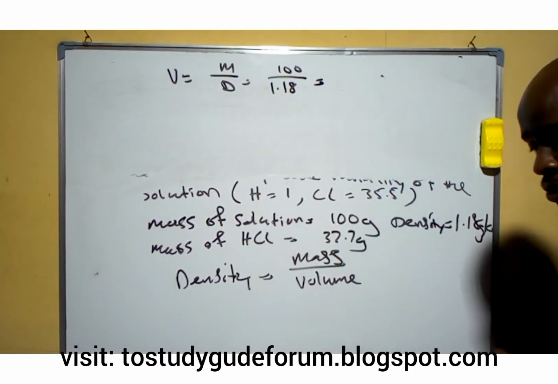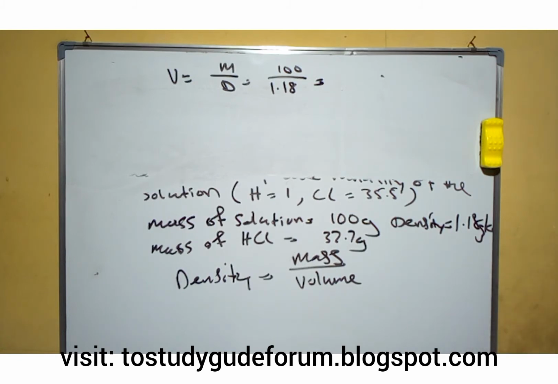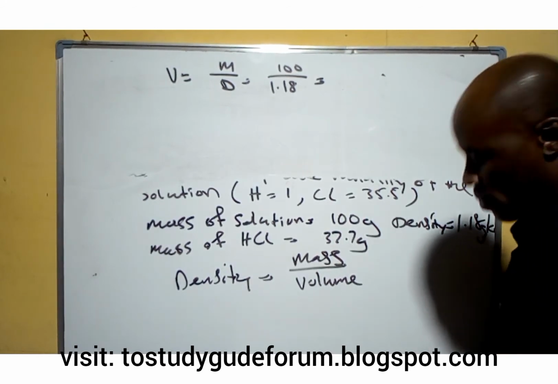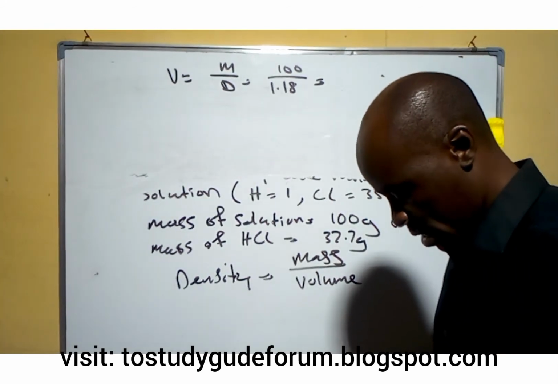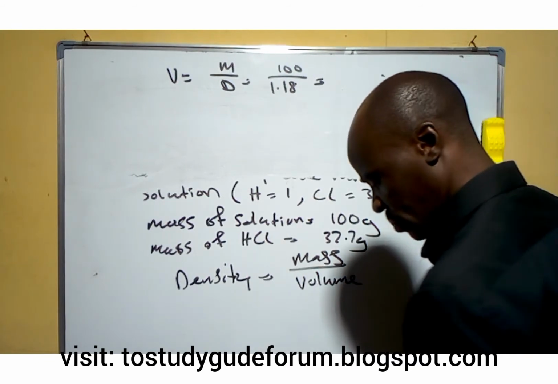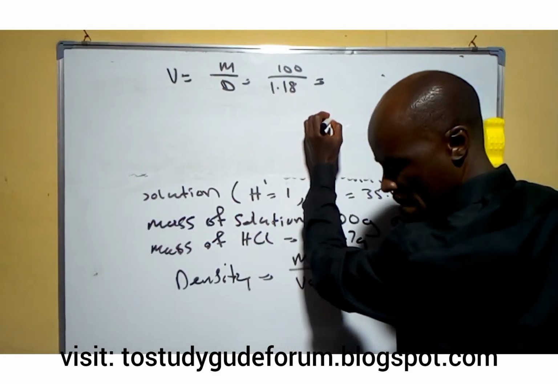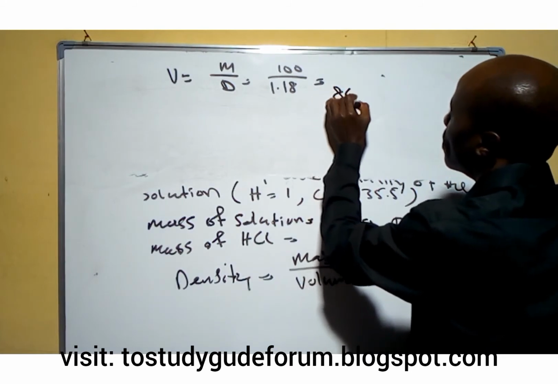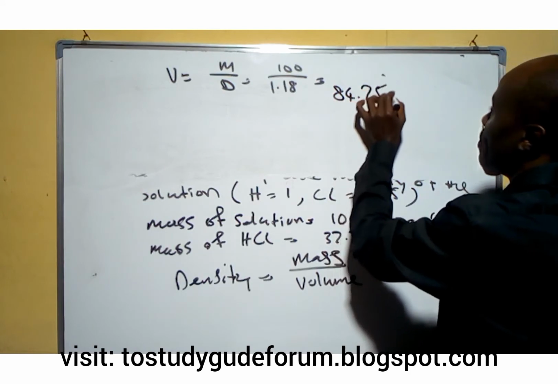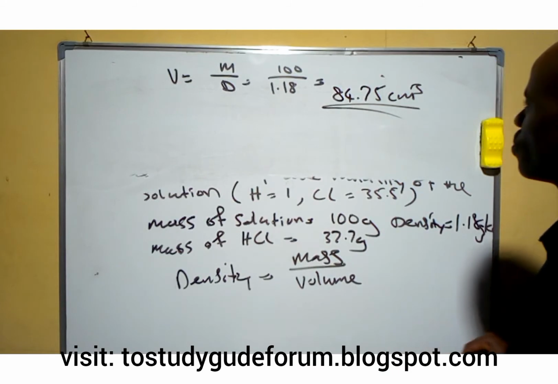If we use our calculator, we will get 84.75 cm cube.